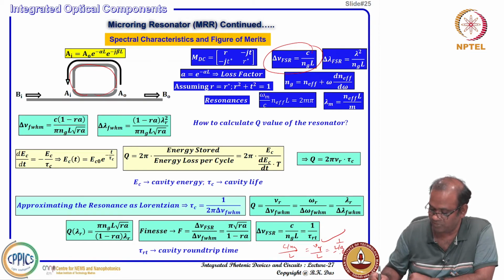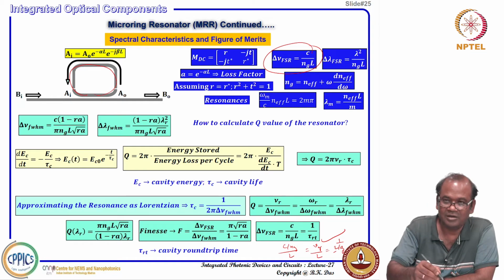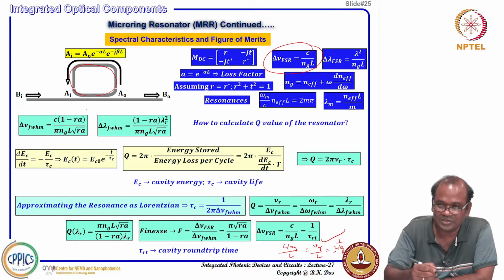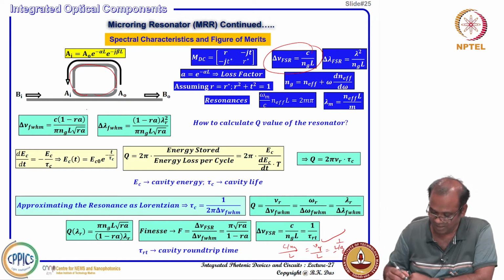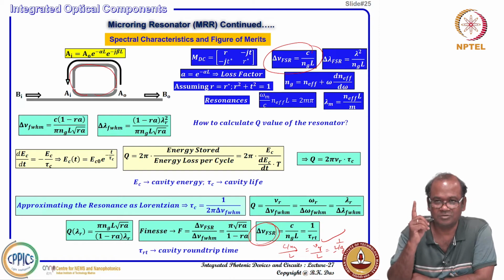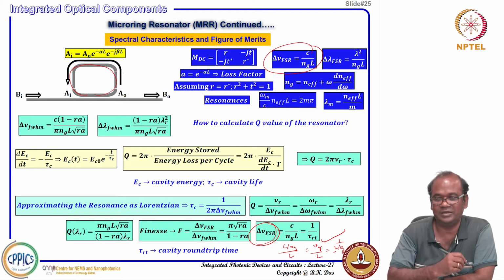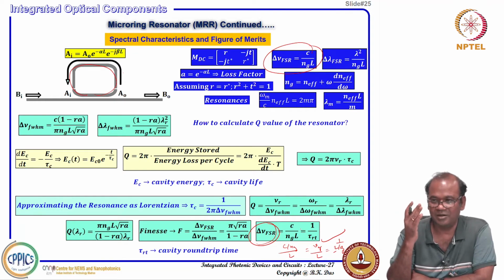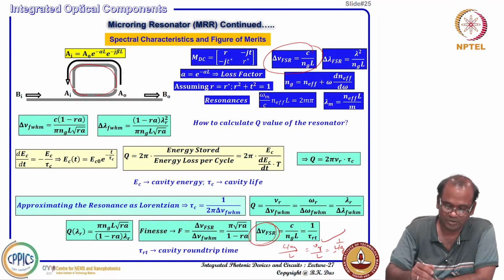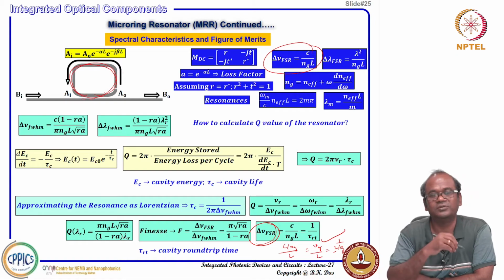So L by V g means the total perimeter divided by velocity, that is, how much time it takes for a round trip, which we write as tau RT. So once we know the free spectral range of a ring resonator, I can find how much time a signal will take to complete a round trip inside the ring.